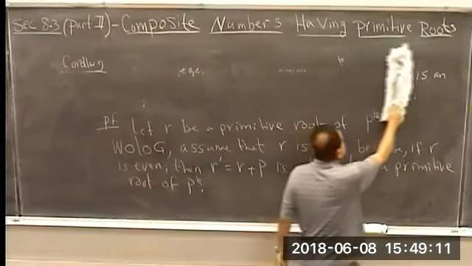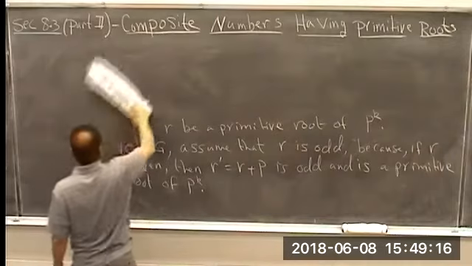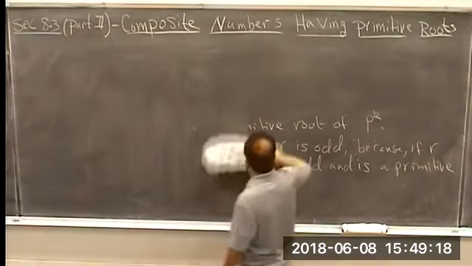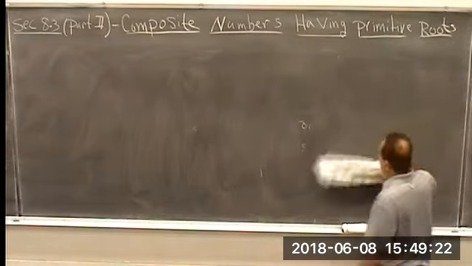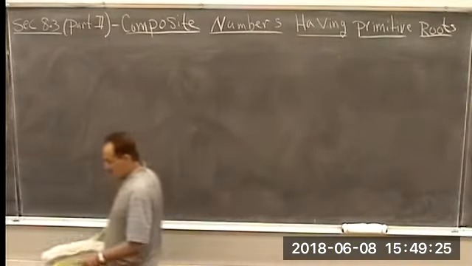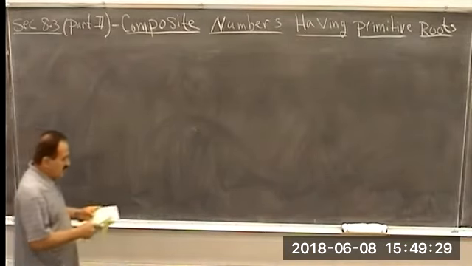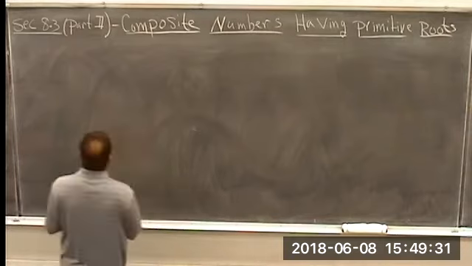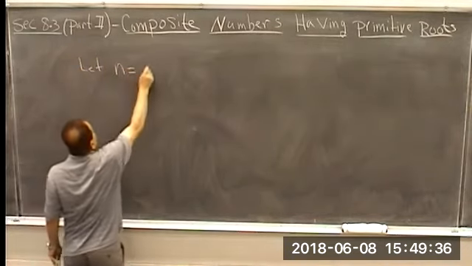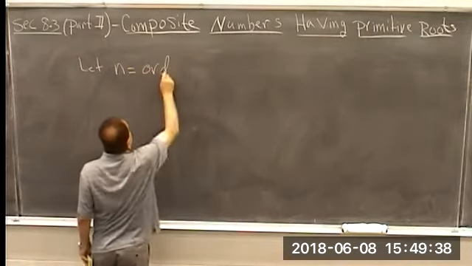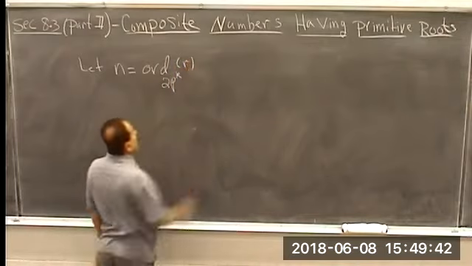So with this, we can consider the order of r mod 2p^k. We want to denote this by n. So we're going to let n equal the order mod 2p^k of r.